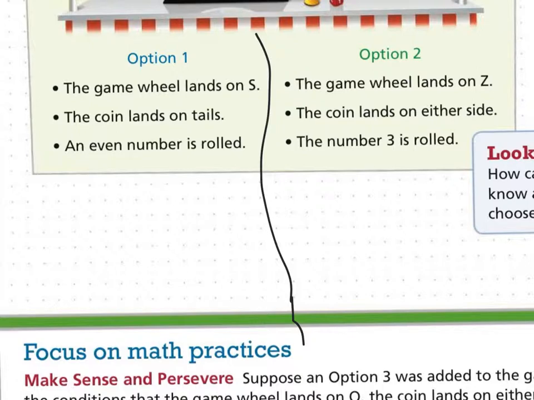So we can talk theoretically what that probability is, and then we can look at, in our experiment, what people actually chose.